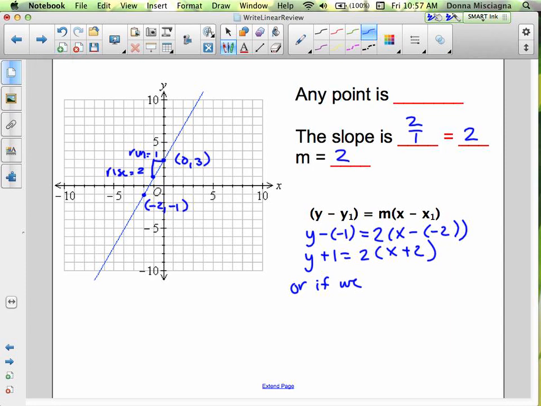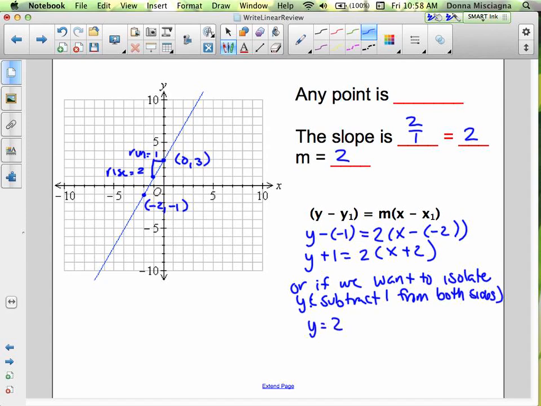But just so you know how to do it, we would just subtract 1 from both sides. Right, and that would be y equals 2 times x plus 2 minus 1.